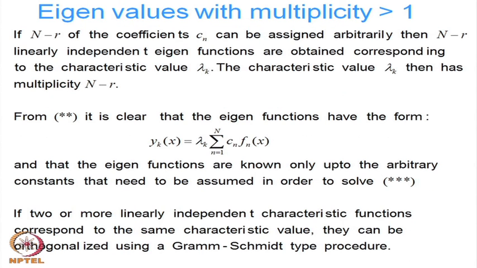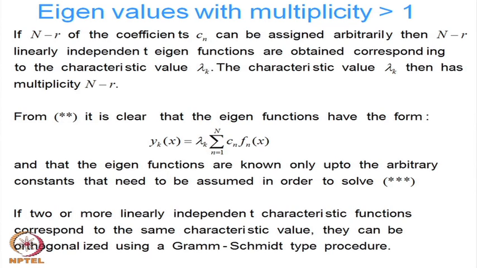So, if n minus r of the coefficients Cn can be assigned arbitrarily, then n minus r linearly independent eigenfunctions are obtained corresponding to the eigenvalue lambda k, and in that case the characteristic value lambda k has multiplicity n minus r. So, corresponding to that single eigenvalue lambda k, there are n minus r linearly independent eigenfunctions.